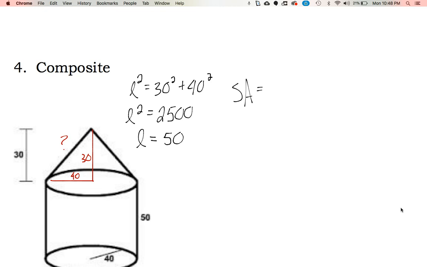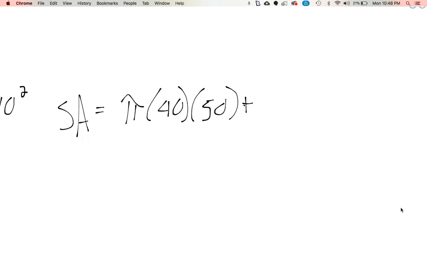So surface area equals pi r L plus pi r squared.